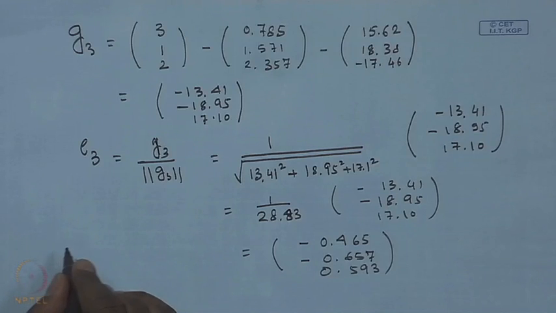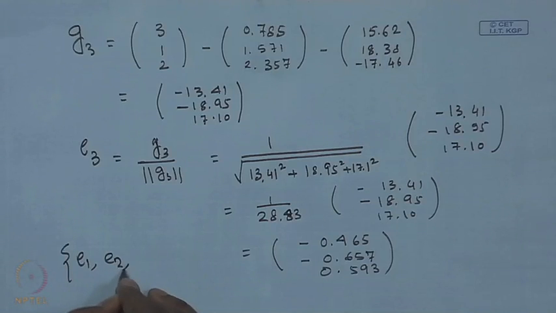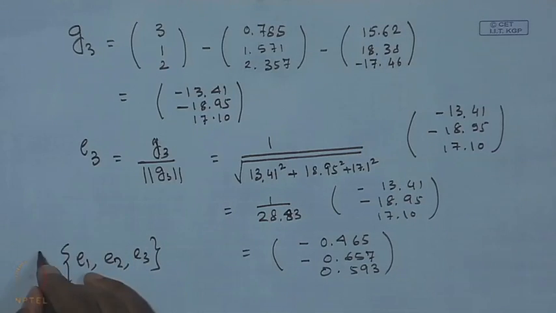So, we get the elements of the target set, vectors E1, E2 and E3, where E1 and E2 are mutually orthogonal, E2 and E3 are orthogonal, E3 and E1 are orthogonal, and each of them has a norm of 1.